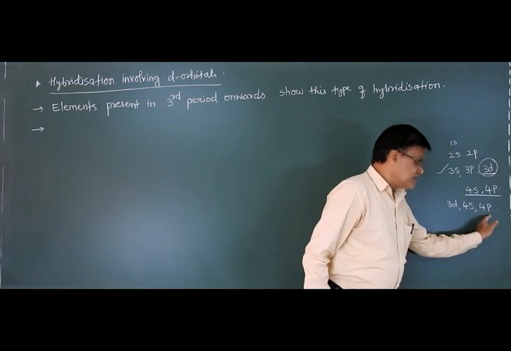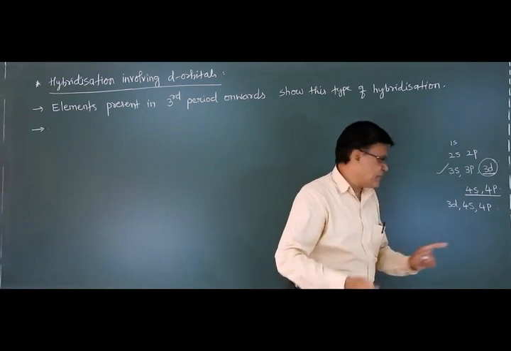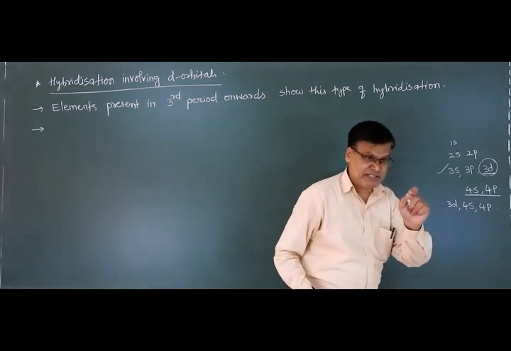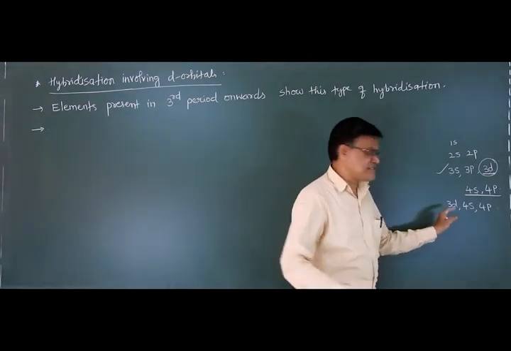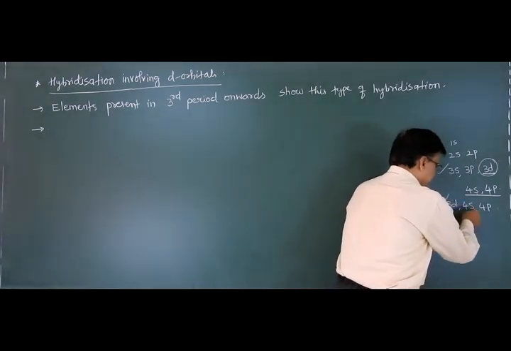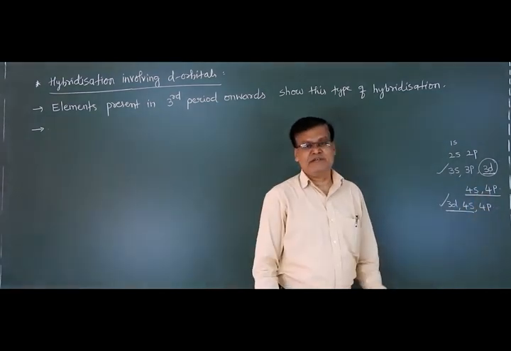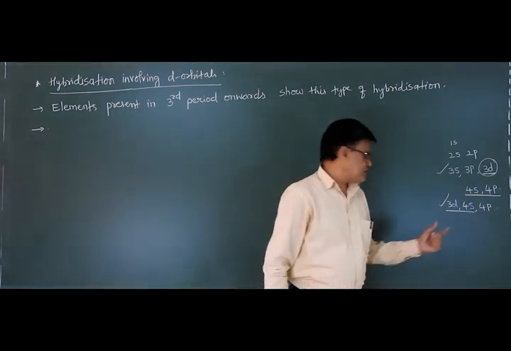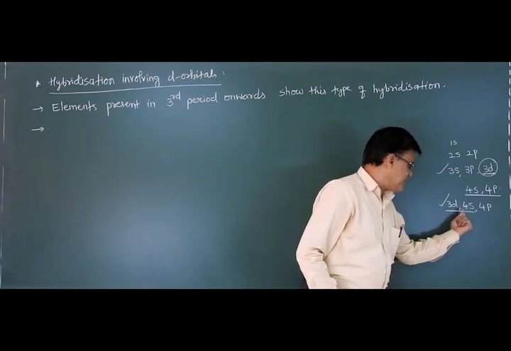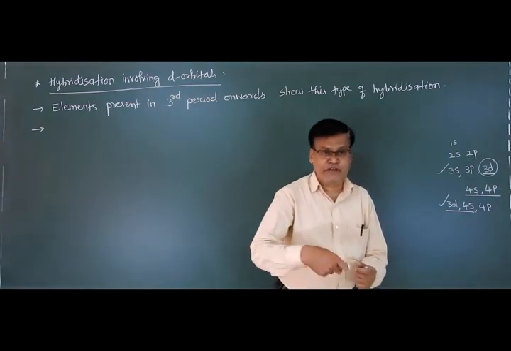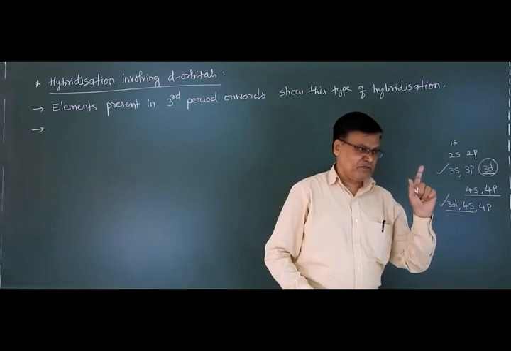Now, is intermixing of atomic orbitals possible here or not? That is also important. This is also possible. Intermixing is possible because these two have almost similar energy. Because of this reason, electrons from 3d as well as 4s orbitals are involved in bond formation. Clear all of you students?